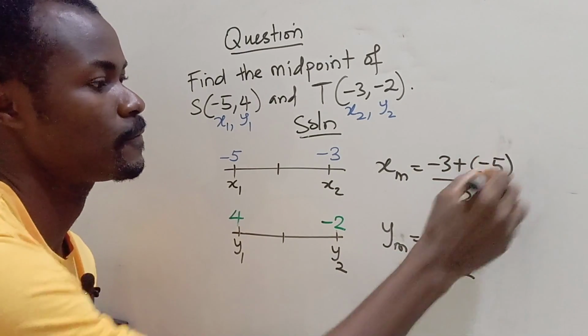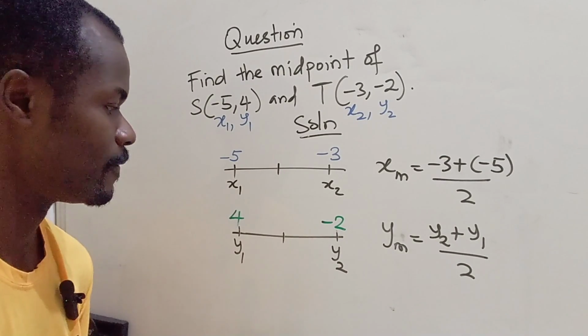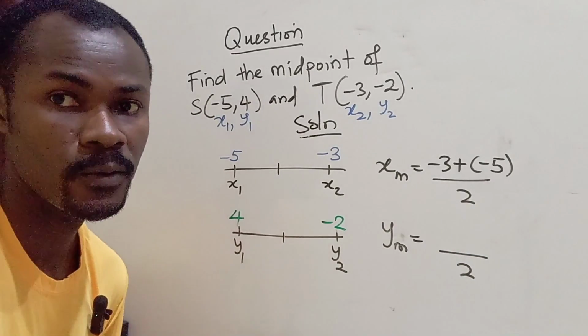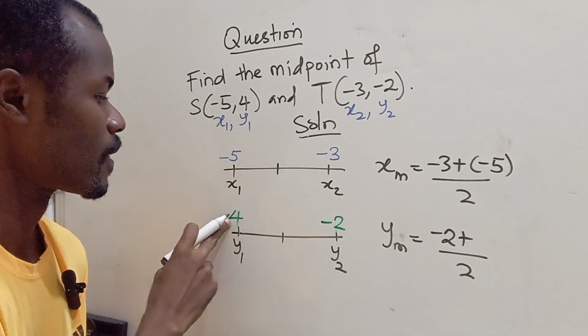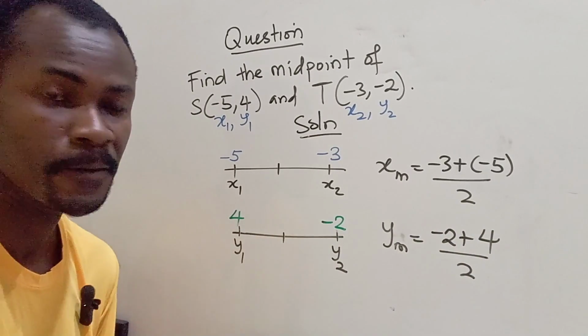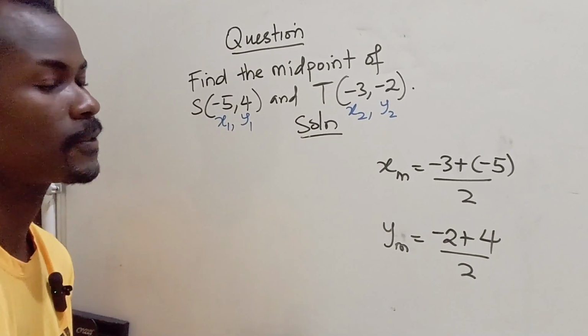Let's also do this: I have my y2 as minus 2 plus our y1, which is 4. With that, we can get the midpoint for these problems.